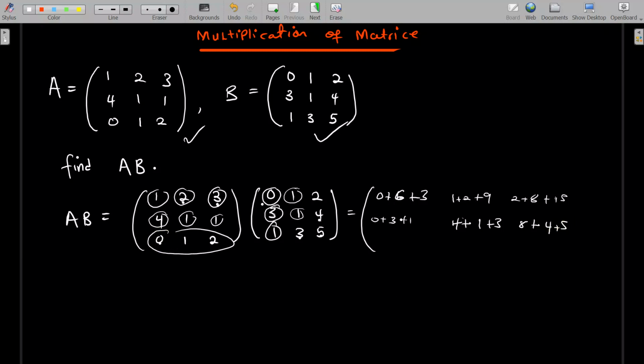Now 0 times 0, I'm going to have 0. Remember, we are doing this and this first, and then 1 times 3, plus 2 times 1, which is 2. Now go to this last row and the second column here. I'm going to get 0 plus 3 plus 2.